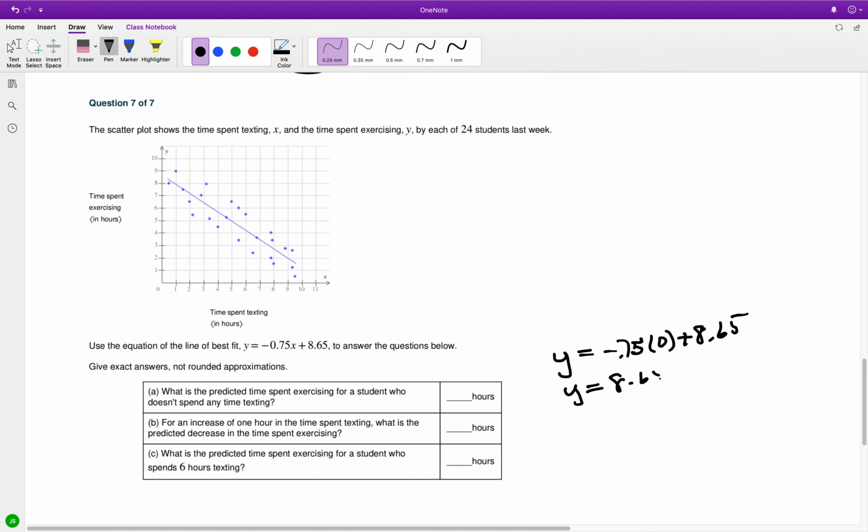So y is equal to 8.65. For this particular answer, we have 8.65.